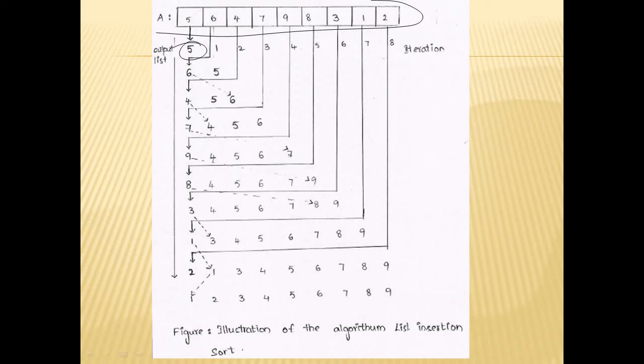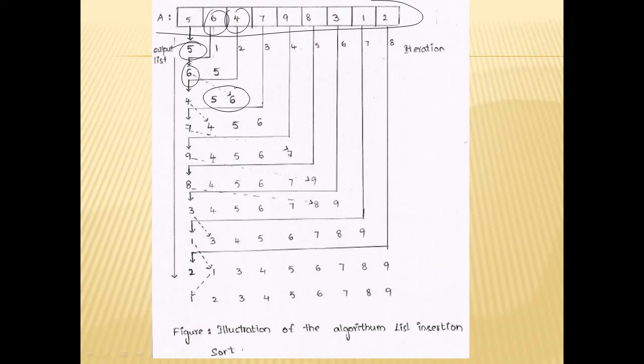Next is 6, so we add 6 to the linked list after 5. Then 4 comes; when you perform 4, the list will be 4, 5, 6.